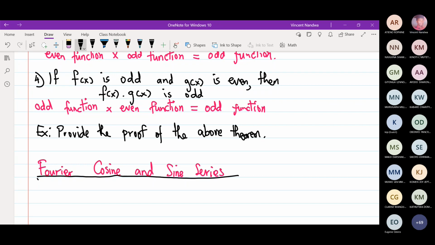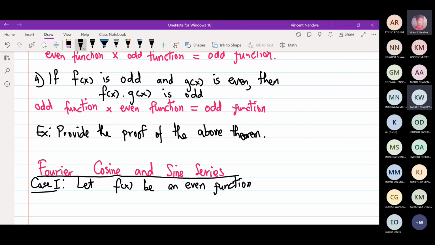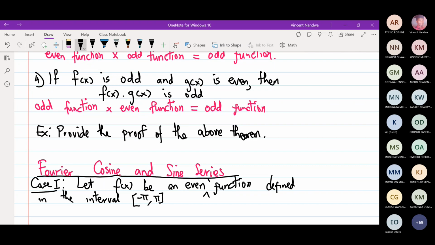So case one. Let f of x be an even periodic function defined in the interval minus pi to pi.